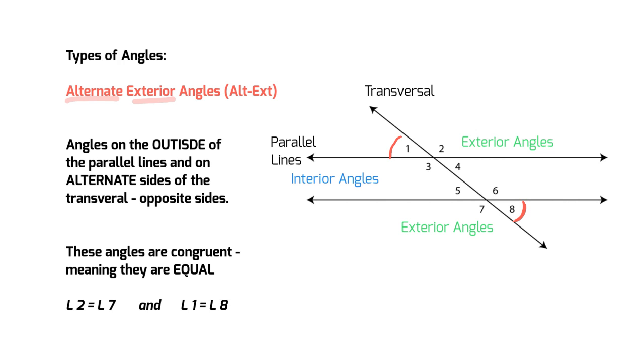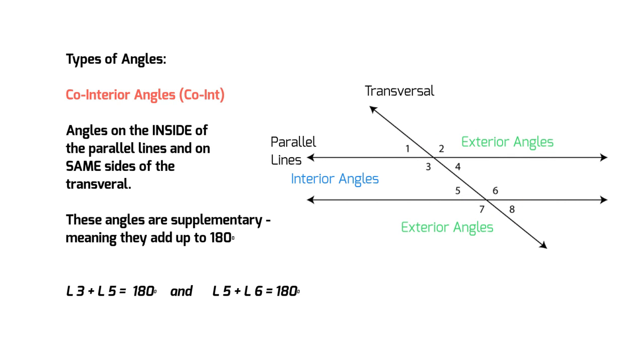And same with angle 2 and angle 7. Again, alternate exterior angles are equal or congruent. So whatever angle is angle 2, however many degrees that is, angle 7 will be the same. Whatever degree angle 1 is, angle 8 will be the same.